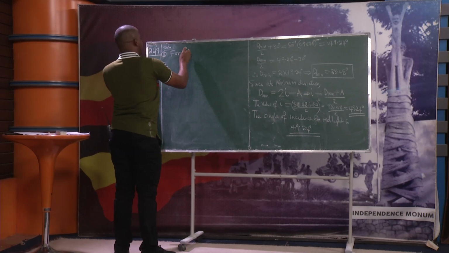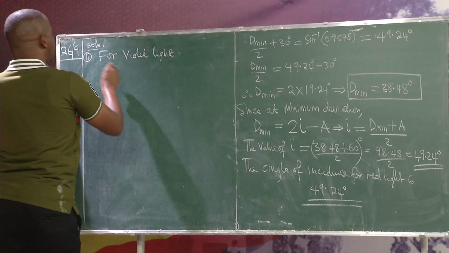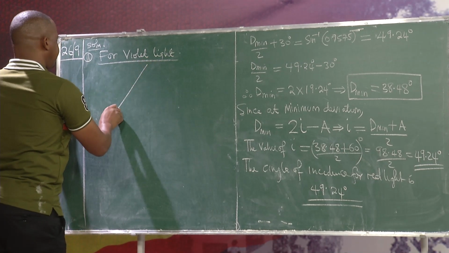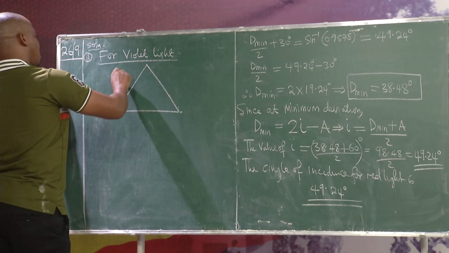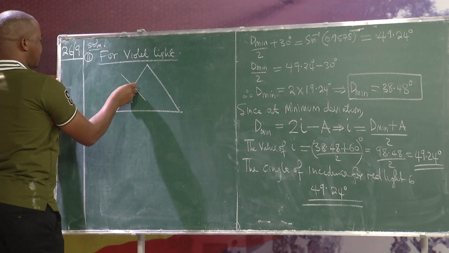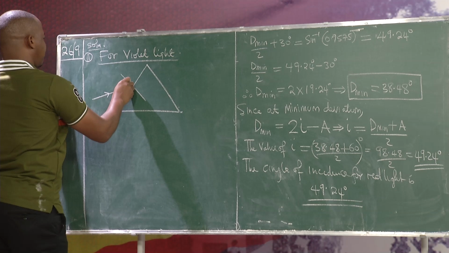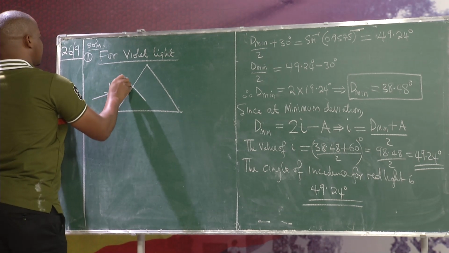Part 2 is for the violet light. We have one important fact now, that we know the value of I. The value of I here we know, and this is 49.24 degrees.